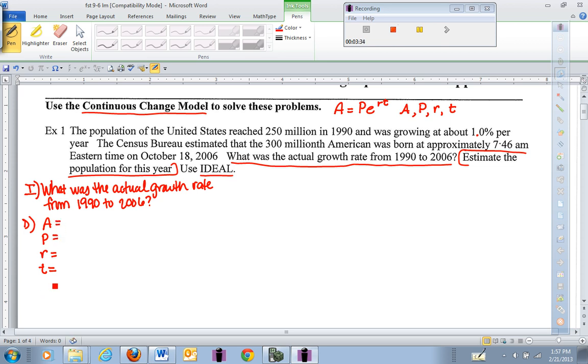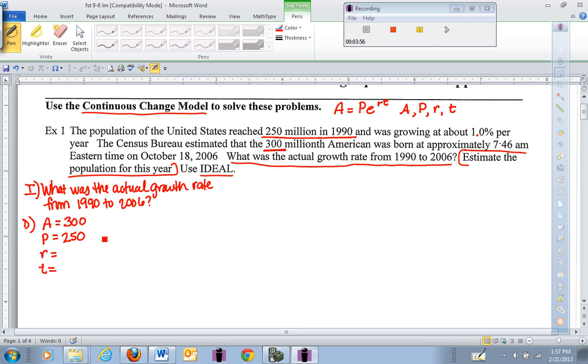All right? We know that the population started at 250 million in 1990. So that was the initial amount of population. Now I can write that 250, or I could put a bunch of zeros behind it if I want to, but it's okay if I just leave it because the next one I'm going to put in here is 300, and that's also in millions.